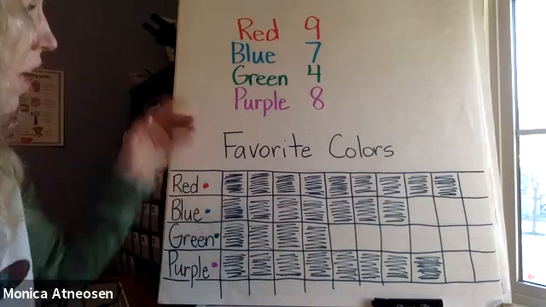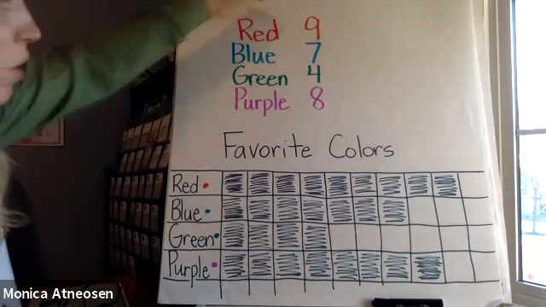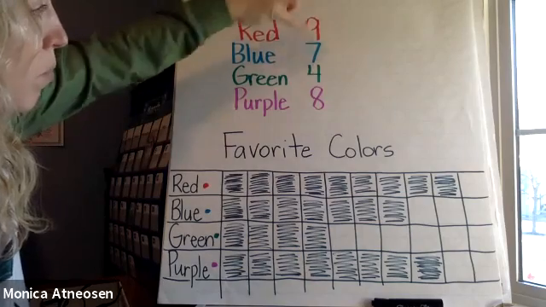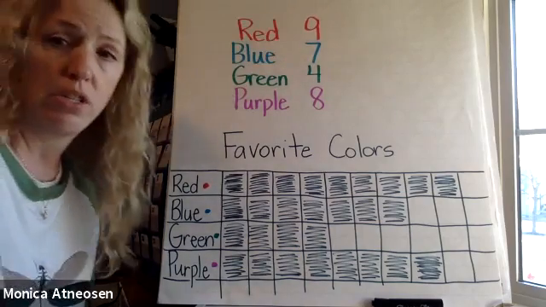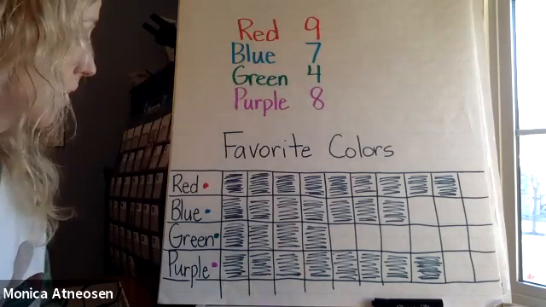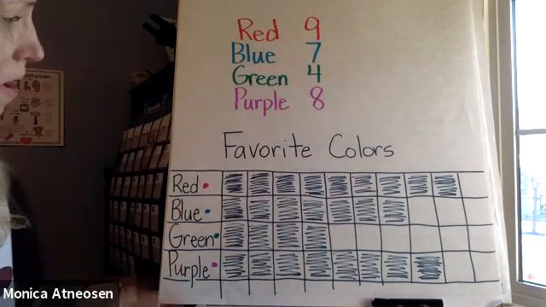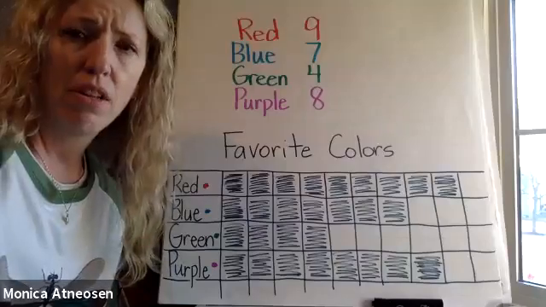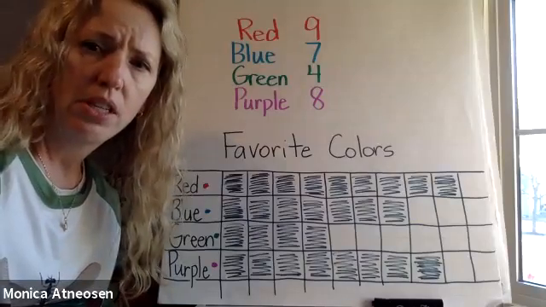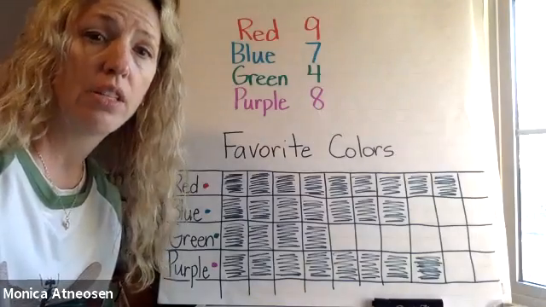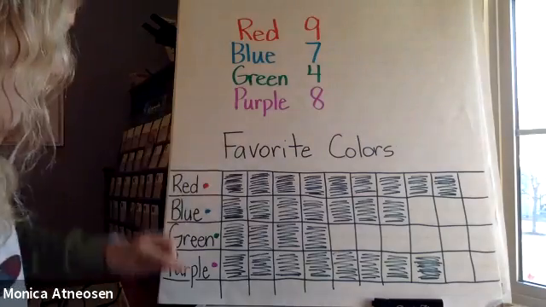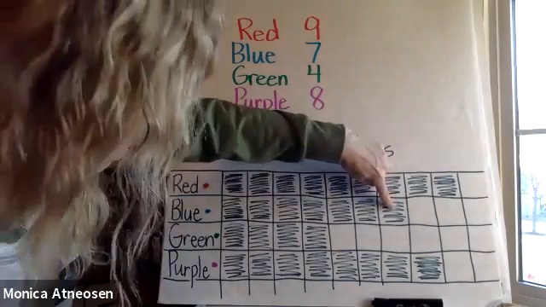Now, we can figure that out by looking at the numbers too. 9 is the most, 4 is the least or the fewest. Now, are blue and purple equal? Remember what equal means? Equal means the same. Are they the same? Let's look.